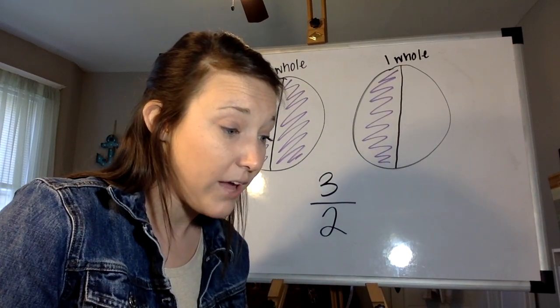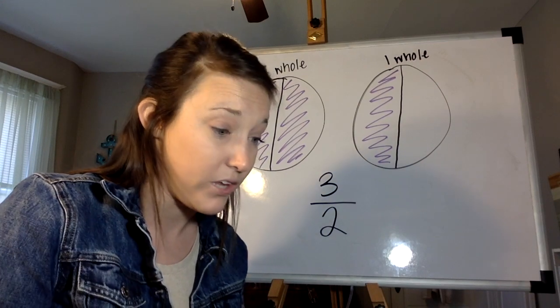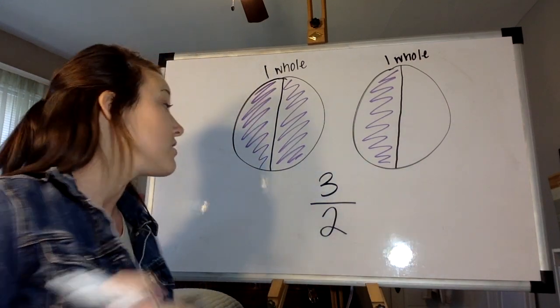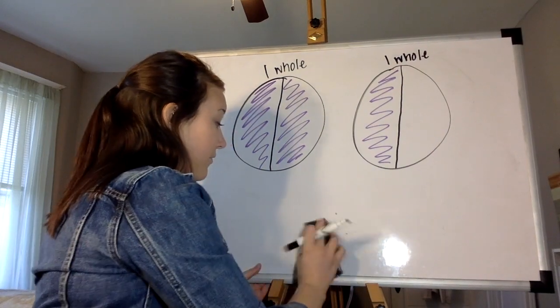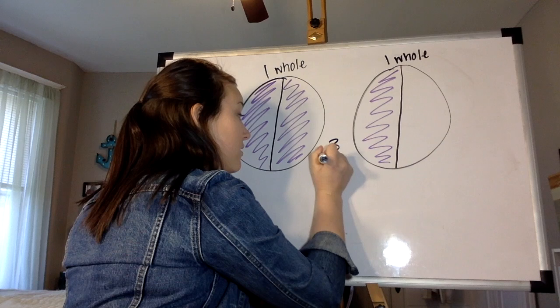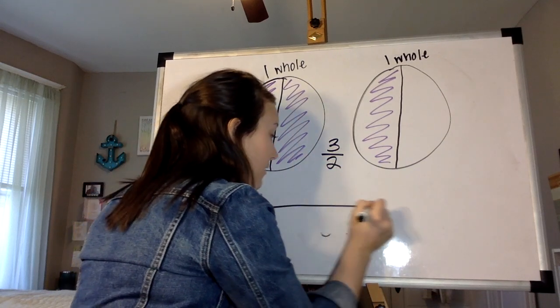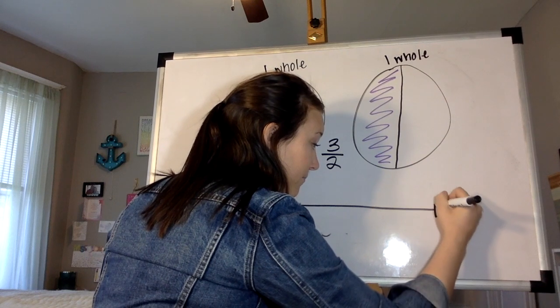So now we have to plot 3 halves, or 3 over 2, onto a number line, okay? And what do we notice? So I'm going to draw or write my fraction up here. So my fraction is 3 halves, and then I'm going to go ahead and do my number line.